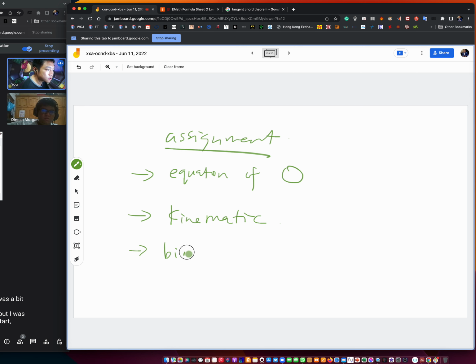Very good, binomial expansion. Thank you so much. So basically, if I've ticked more than 3 questions, focus on these 3. So tomorrow we will talk about these 3 first. Of course, if you can finish all the questions that I ticked, go ahead. If not, focus on these 3.